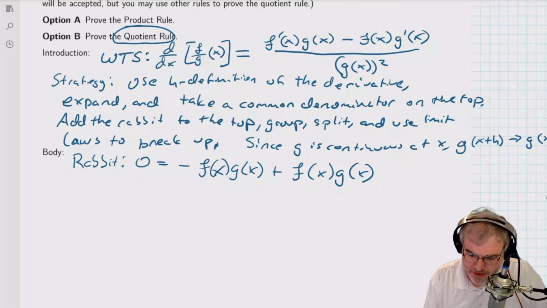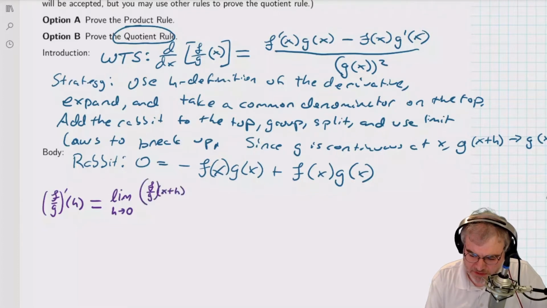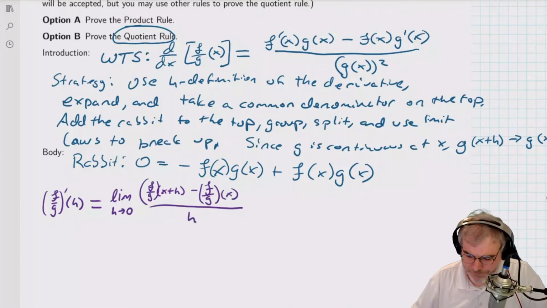All right, so f over g prime of x equals, I'm going to use the definition here, the limit as h goes to 0 of f over g of x plus h minus f over g of x, all over h.